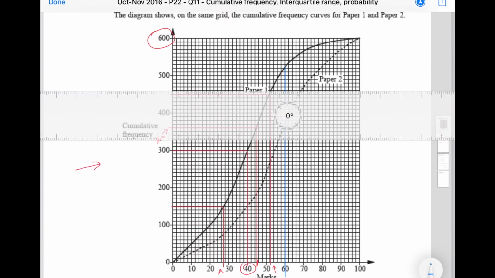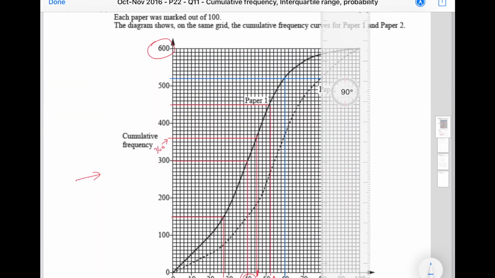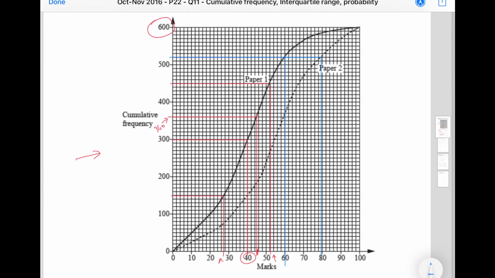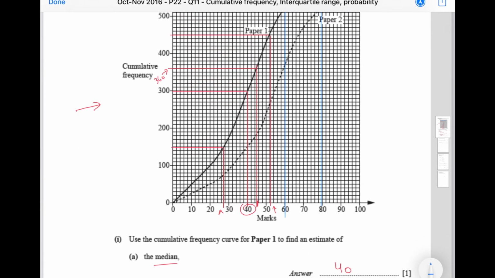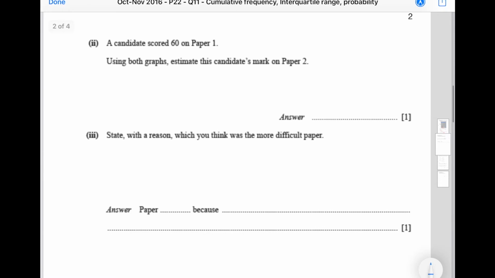Now, if we connect a horizontal line to it like this, and we extend the line to B as well over here, and we draw a vertical line at the point of intersection of the horizontal line and the vertical line, somewhere around over here, it is going to be 80, 79 or 80 between them. So let's say it's 80. So the answer to this part would be 80. That's the candidate's marks on paper 2.